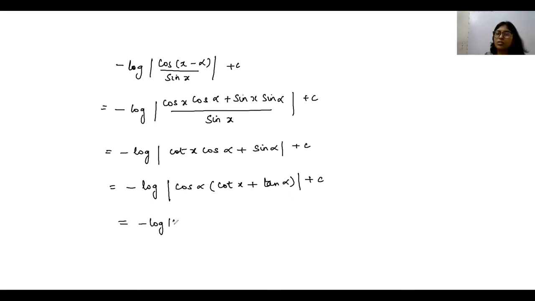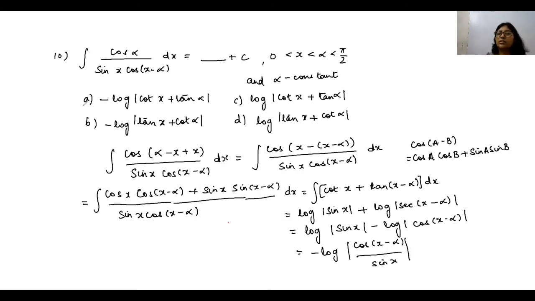Log modulus cos alpha minus, actually it is log a into b is log a plus log b, but because of this negative sign we have another negative sign here, and so it becomes like this. And obviously this will get combined with a constant, and we have minus of log cot x plus tan alpha. Cot x plus tan alpha.